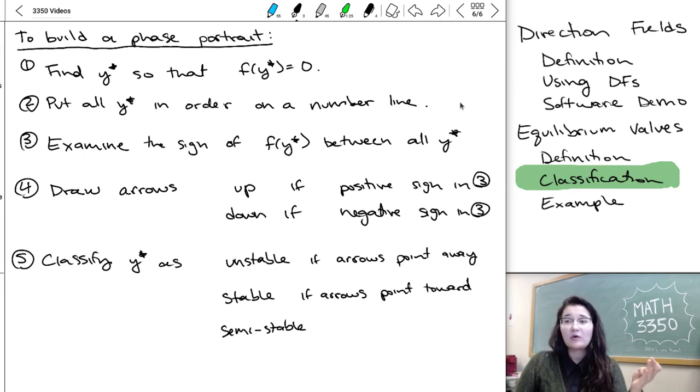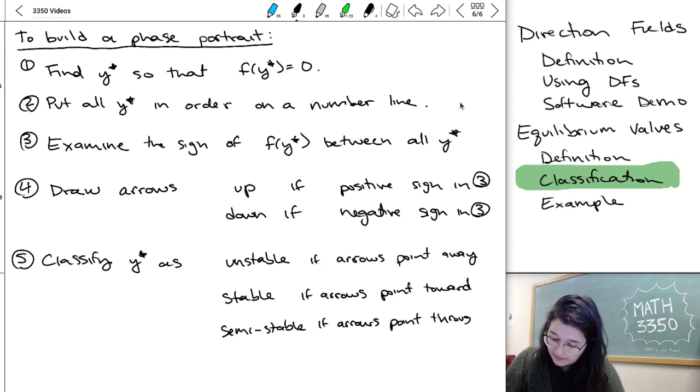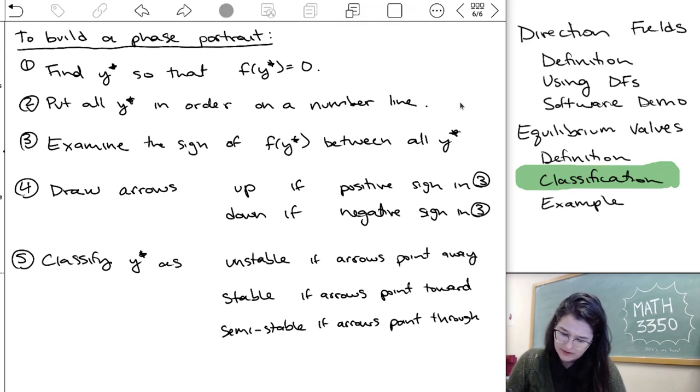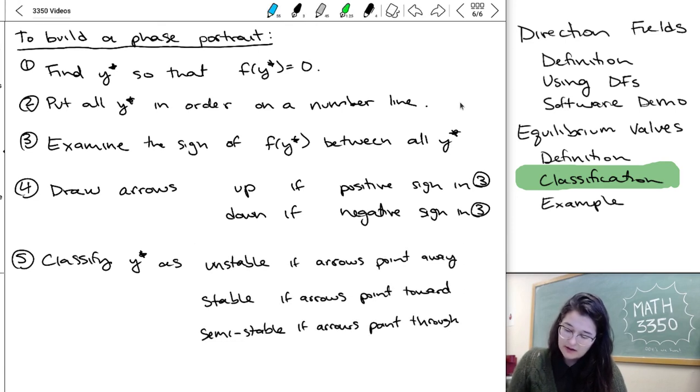They're going to be stable if the arrows point toward the equilibrium, and they're going to be semi-stable if arrows point through the equilibrium. I'm going to move that all over to the side so I have a bit more room on the screen to draw what I mean by away, toward, and through.